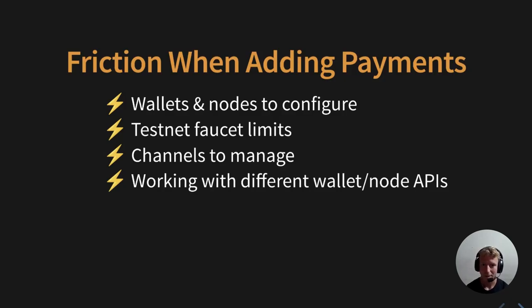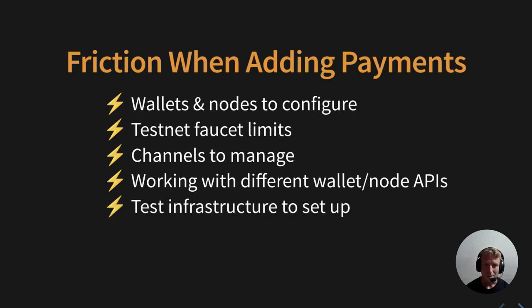And if you want to interact with these different nodes or different wallets like CoinOS or Blink Wallet or any of these ones that expose an API, they're all different. And this makes it very difficult for developers. So a lot of infrastructure that you need to set up before you even start building, which is not very nice.